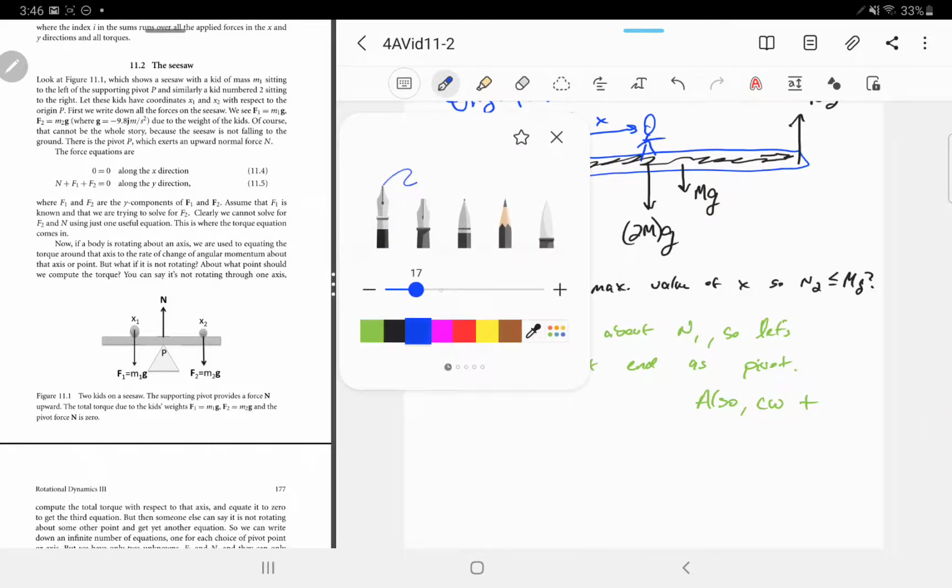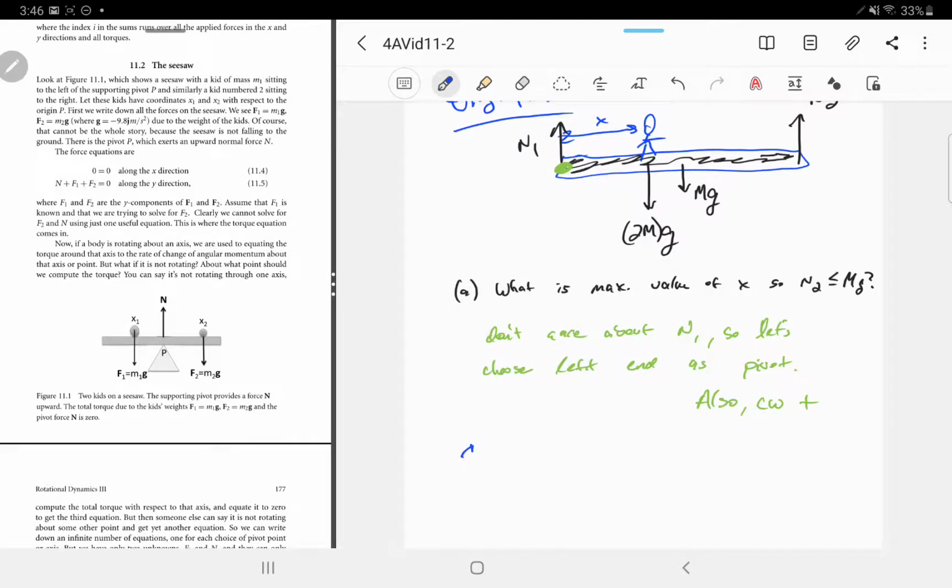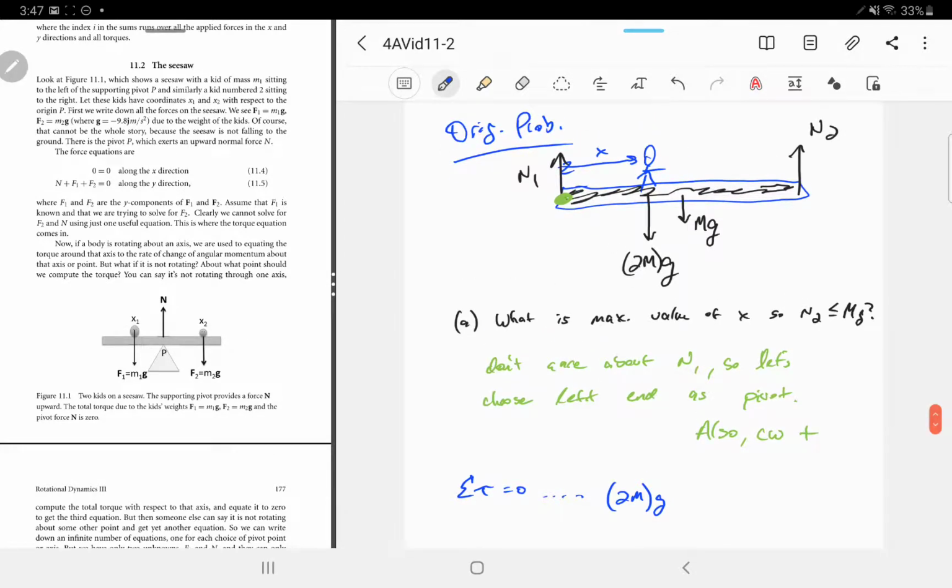So the sum of the torques equals 0. What that gives us is 2mg. Now, that's not a torque, that's a force, this force. To talk about the torque, we also need the distance.